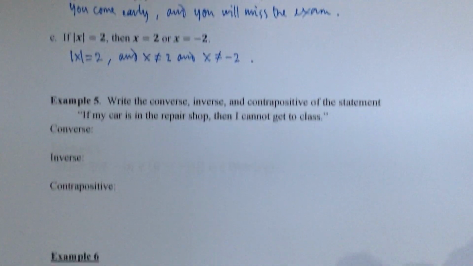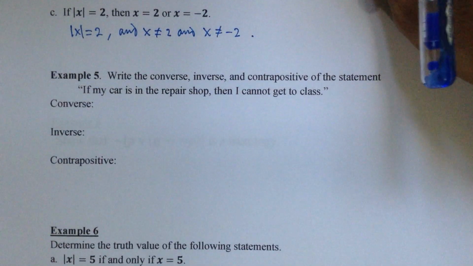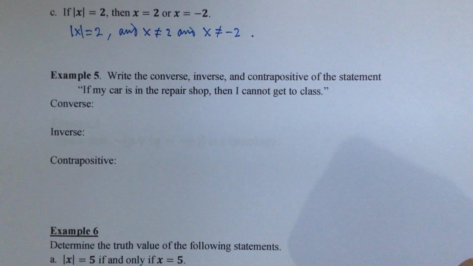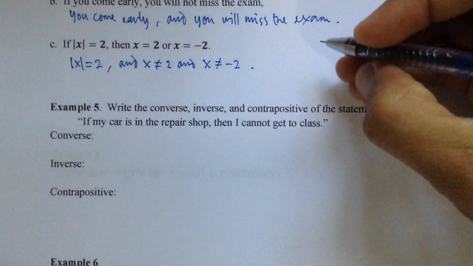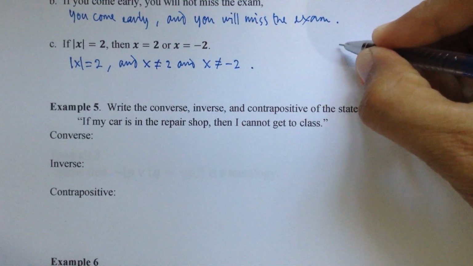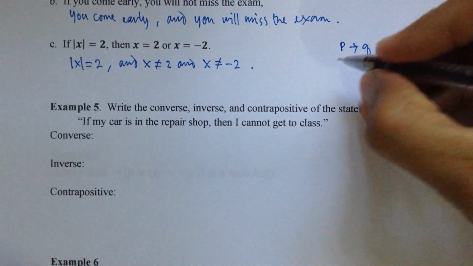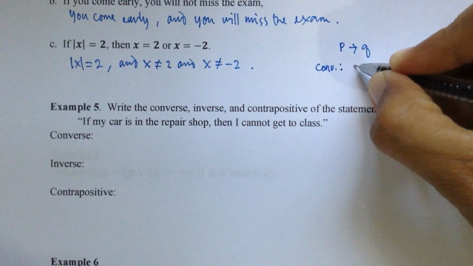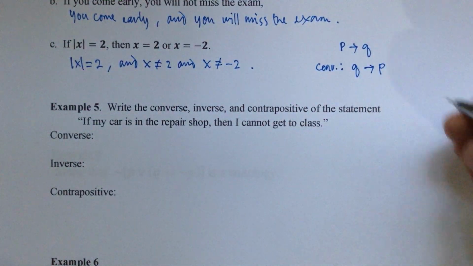Number 5. This time, we're going to talk about converse, inverse, and contrapositive of the conditional statement. Again, to recall what we mean by converse, inverse, and contrapositive. The converse, in your if-then form, is when the consequent becomes your antecedent, and the antecedent becomes your consequent.